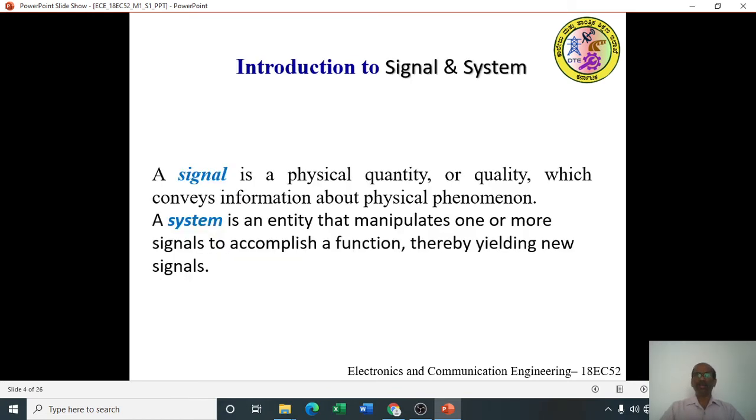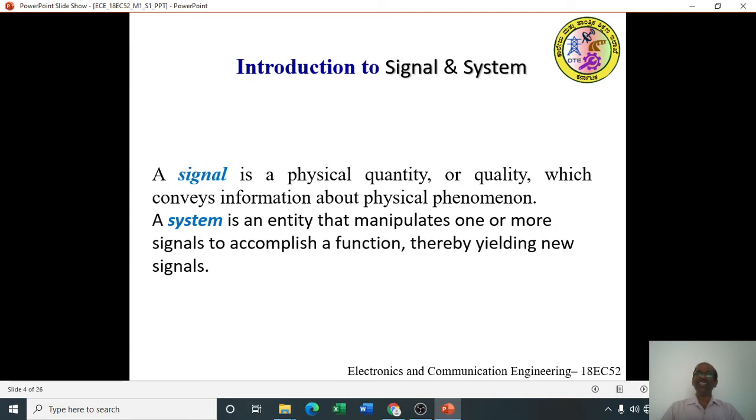Before starting this subject, let us learn a basic definition of a signal. A signal is a function of one or more variables which conveys information about a physical phenomenon. Some of the examples for signals are our speech signal, image, text what we write, ECG, EEG, EMG and so on.